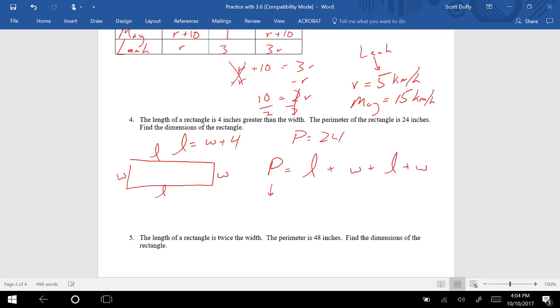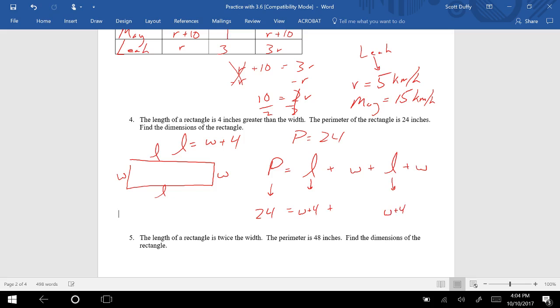Now, perimeter, we're given 24, so I'm going to substitute that in. Length, we're told that it's 4 inches greater than the width. So in place of the L's here, I'm going to put W plus 4. In place of the W's, I can't put anything.